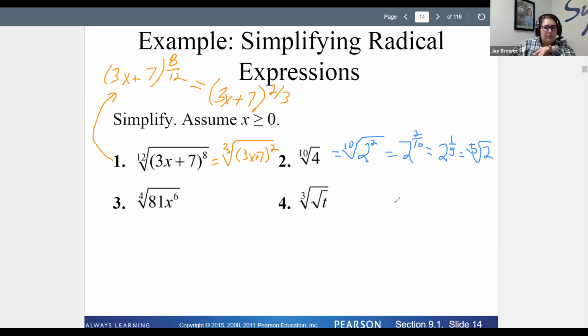I guess if you wanted to verify that in the calculator, you can. You can take 4 raised to the 1/10 power, and then you can take 2 raised to the 1/5 power and verify that. They're definitely going to equal, because you can write 4 as 2 squared.